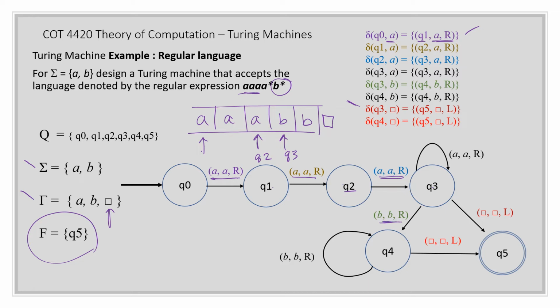So I leave it a B and I go to Q4. Now I'm in Q4 and I have a B. I leave it a B and I stay in Q4. Now I'm in Q4 and I encountered a blank. So I'm going to move to Q5 and go back left here.